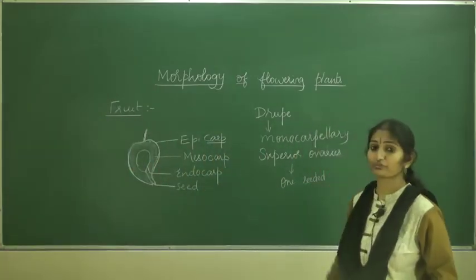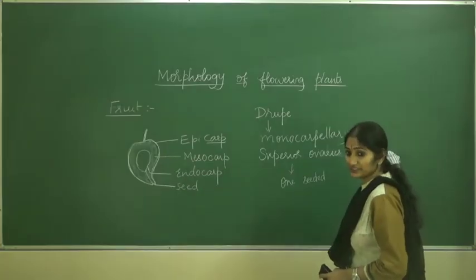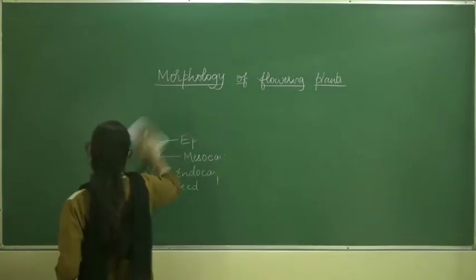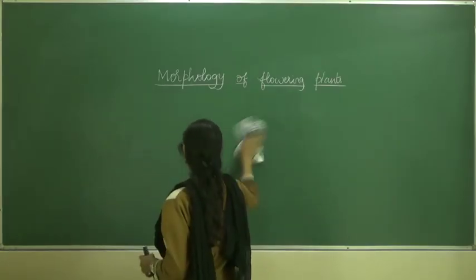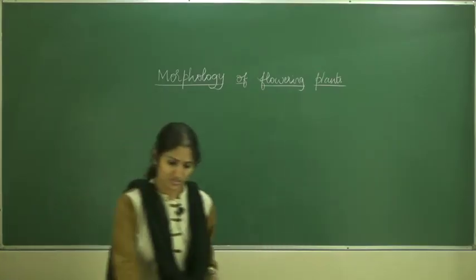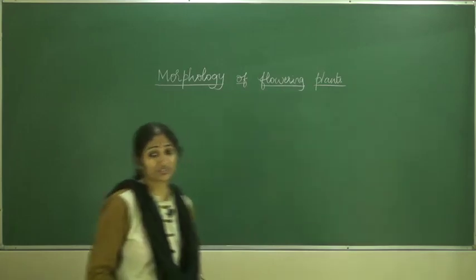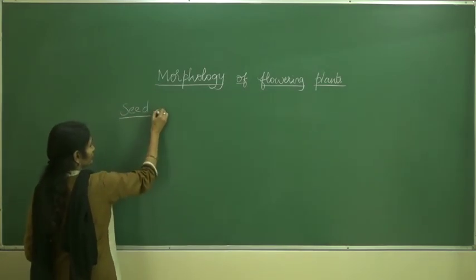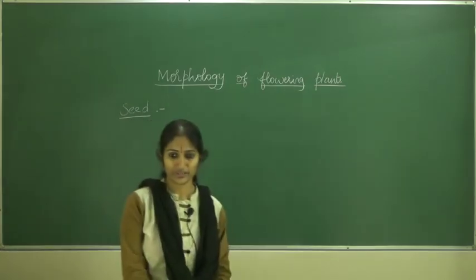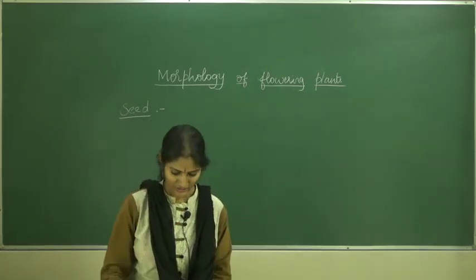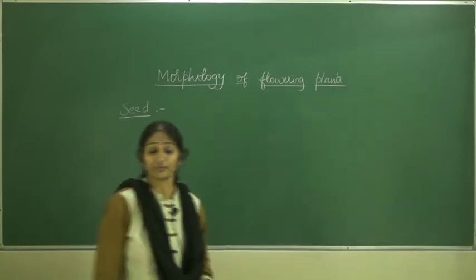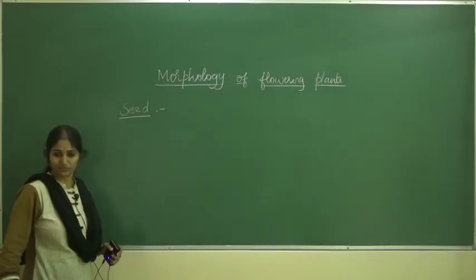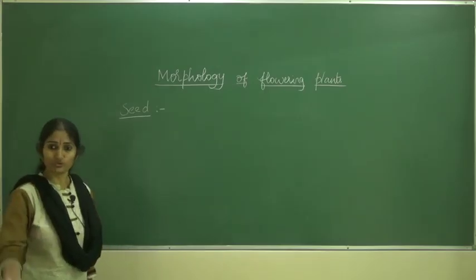Now inside the fruit is the seed. How are these seeds present? Now seed is something that is very, very important. Why? Because this is the one which has the ability to give rise to the young ones, new plantlets. So where is the seed coming from? We have seen that the ovary gives rise to fruit.